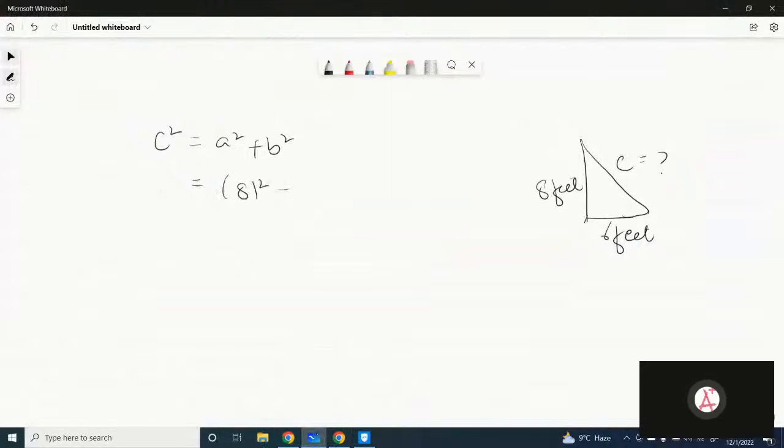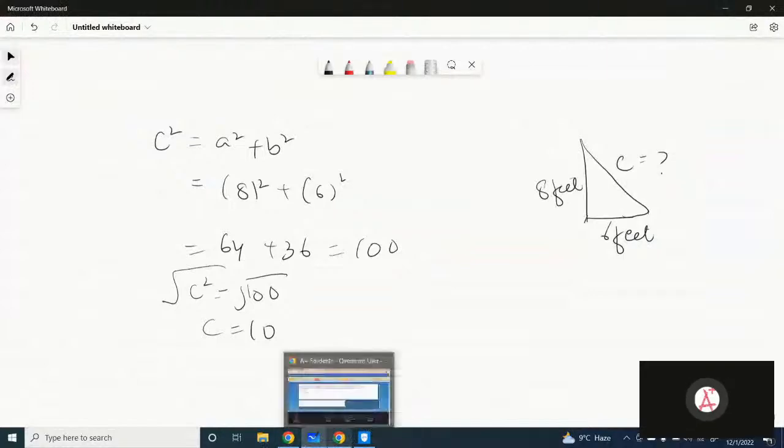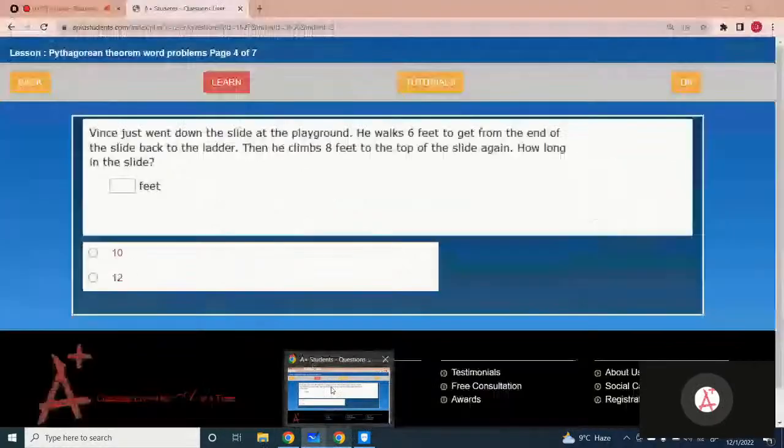So it is 8 square plus 6 square. 8 square is 64 and 6 square is 36. So when you add them, it makes 100. So c square equals 100. Just square root both sides. It would be c equals 10. Got it? Just select the correct option and then click on the OK button.